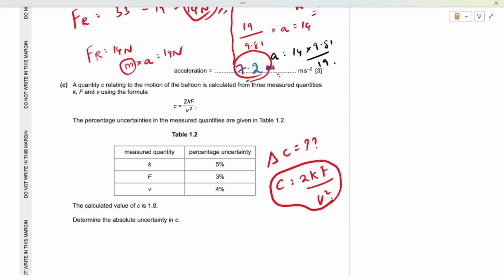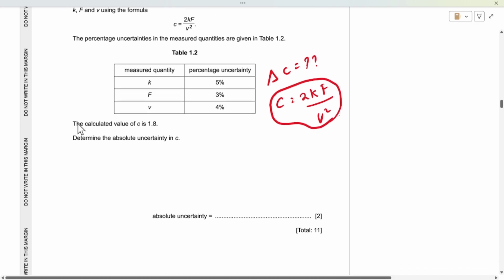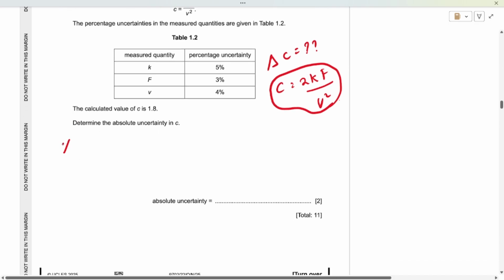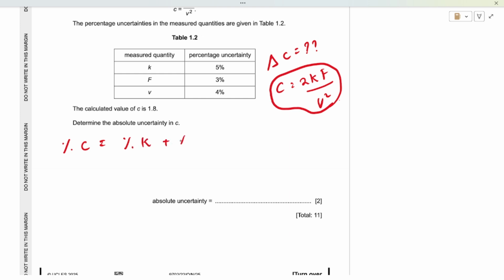For finding the percentage uncertainty by applying the rules, the percentage uncertainty of C is nothing but, leaving the constant 2, the percentage uncertainty of K plus the percentage uncertainty of F plus, since we have the square, 2 times the percentage uncertainty of V. First, let us do this.